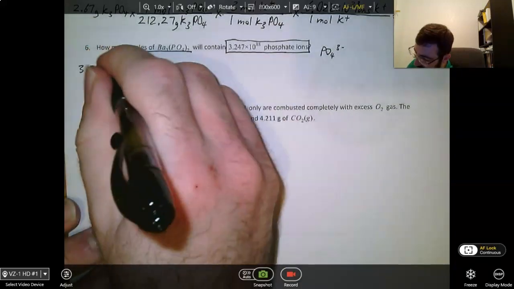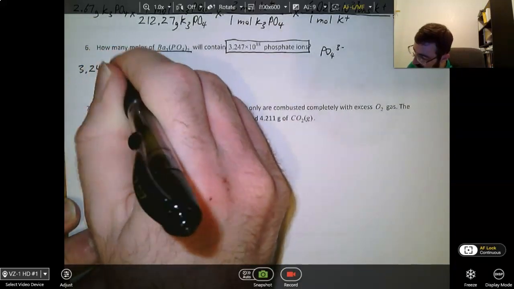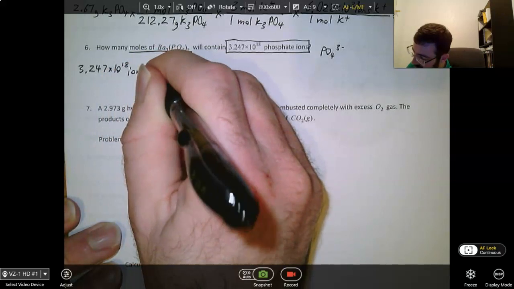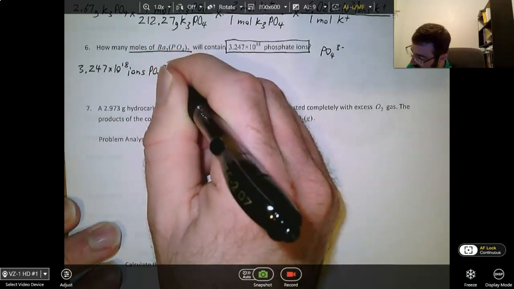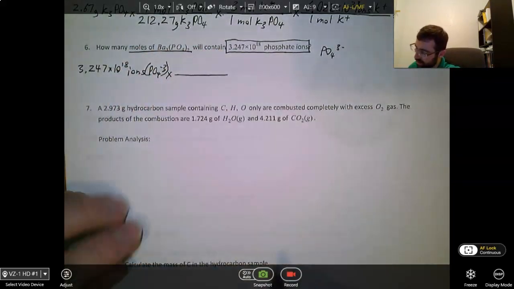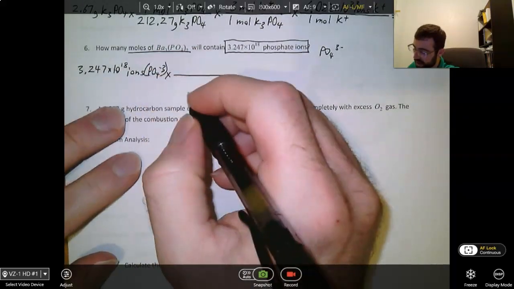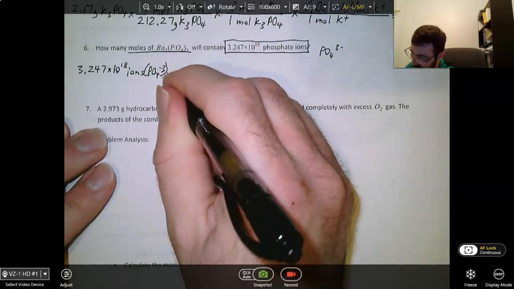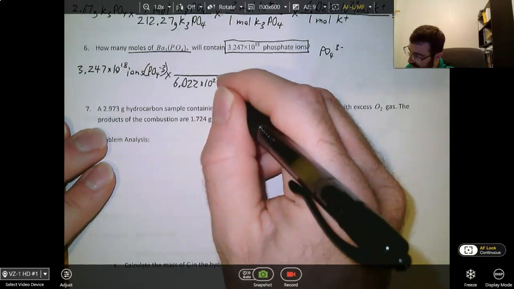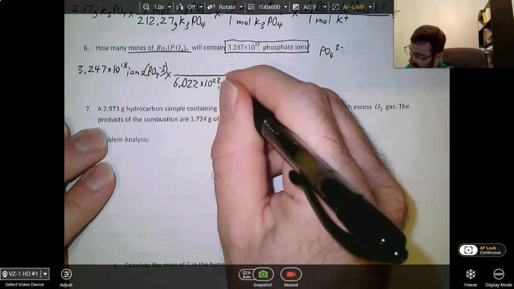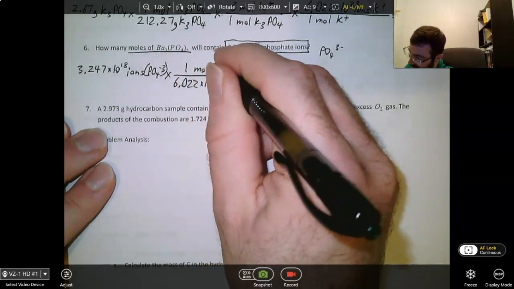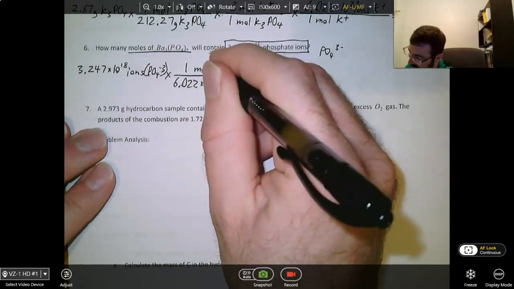3.247 times 10 to the 18th ions of PO4 3 minus. The relationship between ions and moles, it's particles, so 6.022 times 10 to the 23rd power ions equals 1 mole of PO4 3 minus.